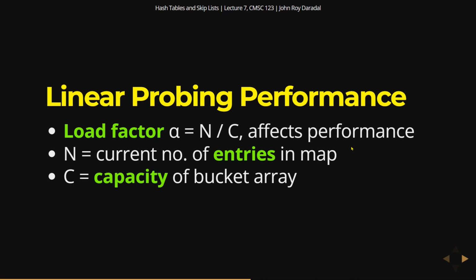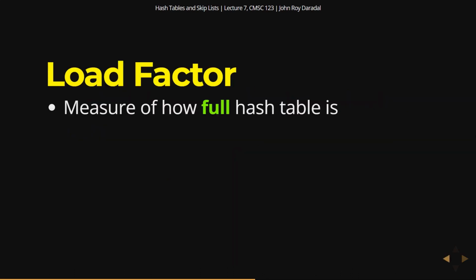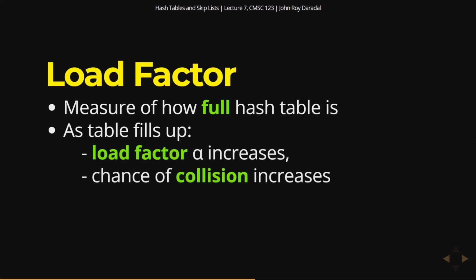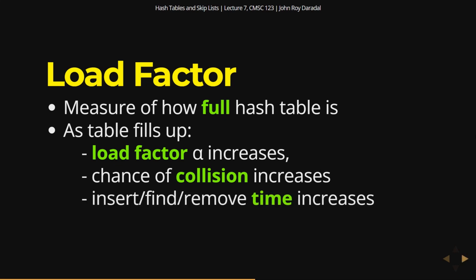Okay, so this will affect the performance of your linear probing. So as I mentioned, the load factor is a measure of how full the hash table is, and as the table fills up, the load factor will increase, and in turn this will increase the chances of collision, and it will also increase the time for you to insert, to find items, and remove items.